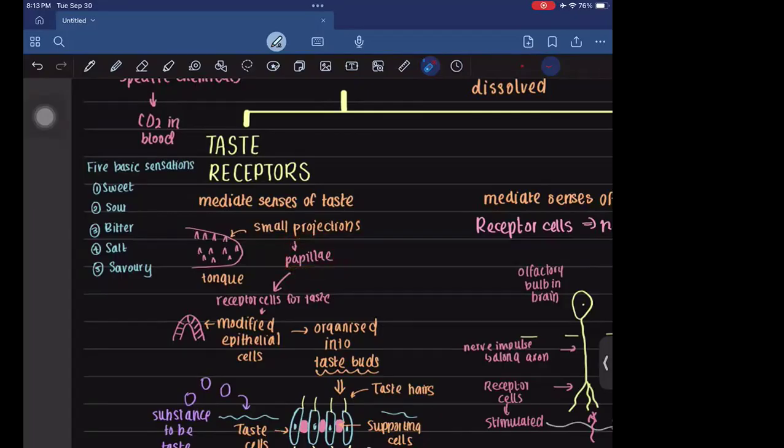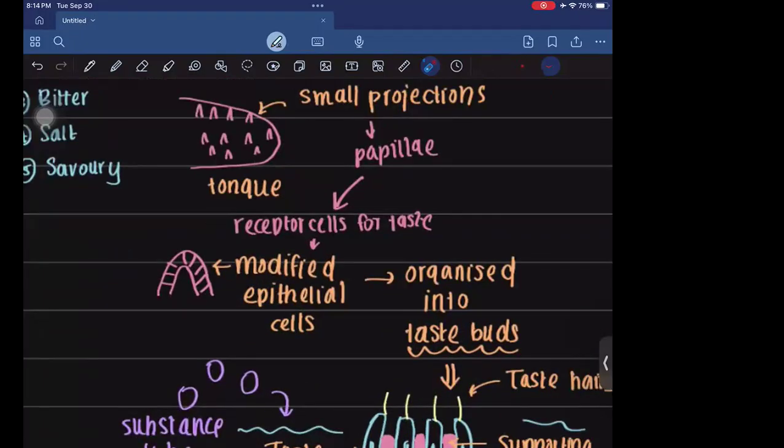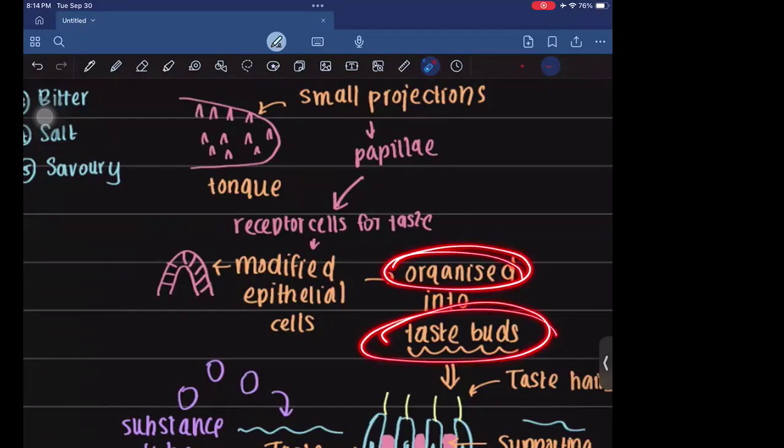These papillae contain the receptor cells for taste, which means they contain the taste receptors. In the papillae there are modified epithelial cells, not just normal epithelial cells. These modified epithelial cells are organized to form the taste buds.